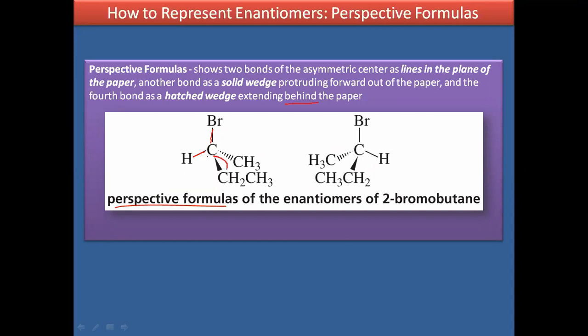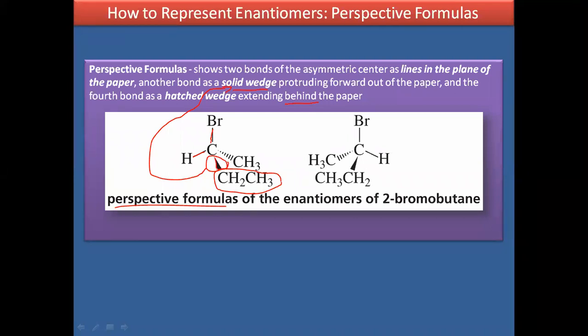This is the solid wedge, which indicates that this group is above the plane of the paper. Means this particular group is nearer to the observer in 3D.